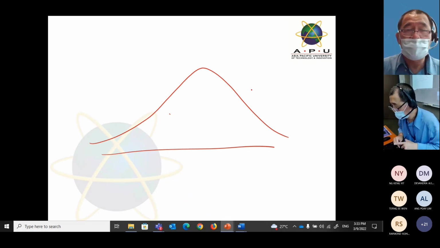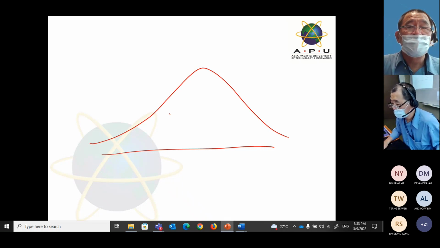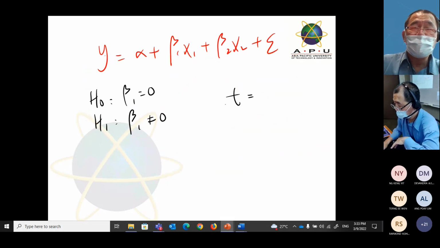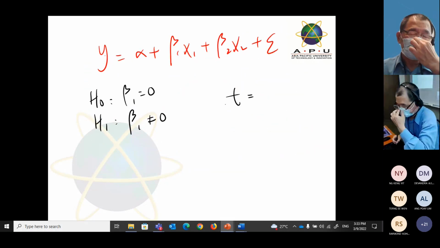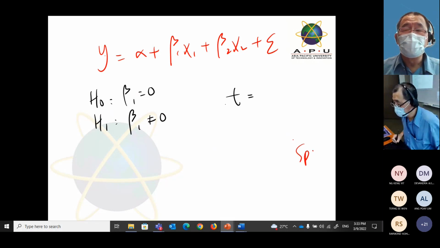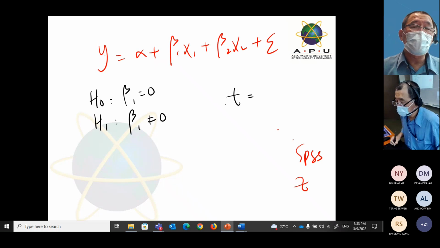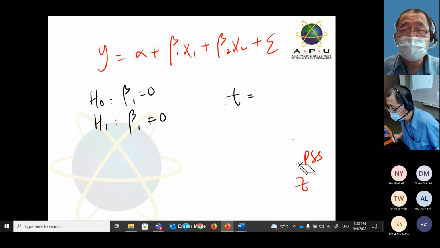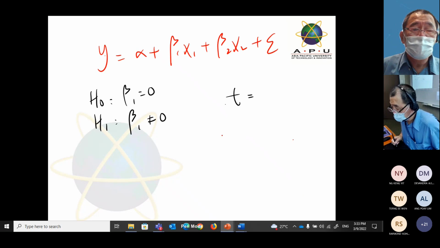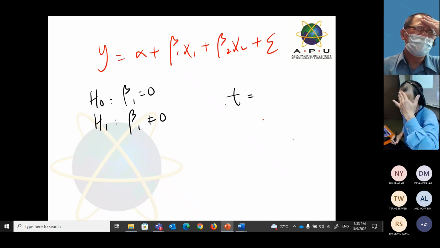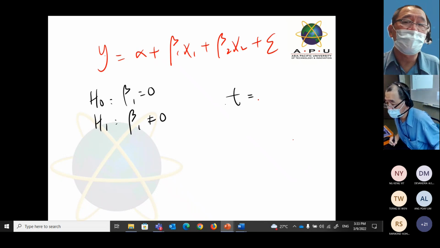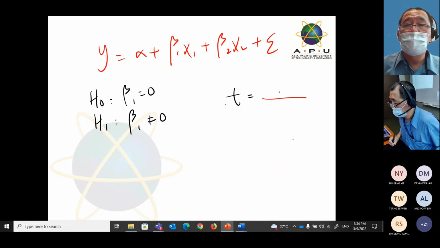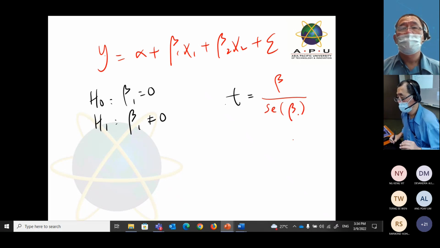Because of this, in SPSS they do not show us Z, but they always show us T in the output. So we can compute the test statistic for T. This is the formula: beta over the standard error of beta.